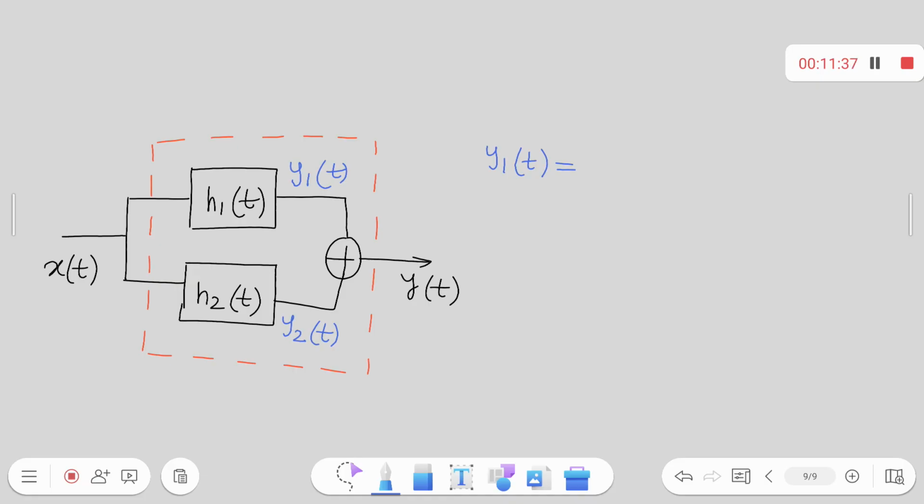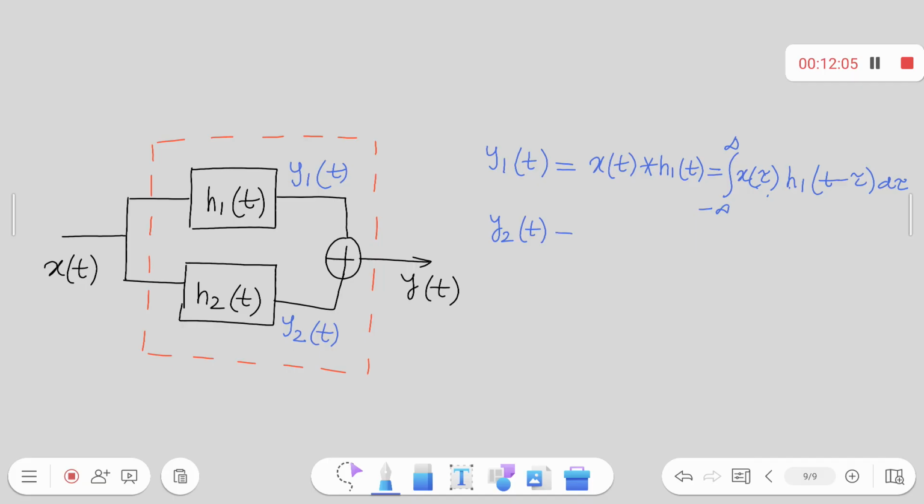So I can write x(t) convolved with h1(t), which is basically the integral from minus to plus infinity of x(tau) h1(t minus tau) d tau.